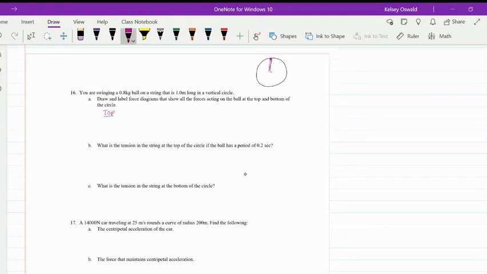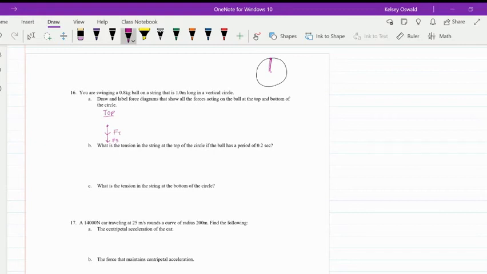We're going to have that force of tension from the string pointing down, but we're also going to have our force of gravity. Because force of gravity always points downwards, but since we also have that string pulling us down, we're going to have that force of tension pointing down as well.